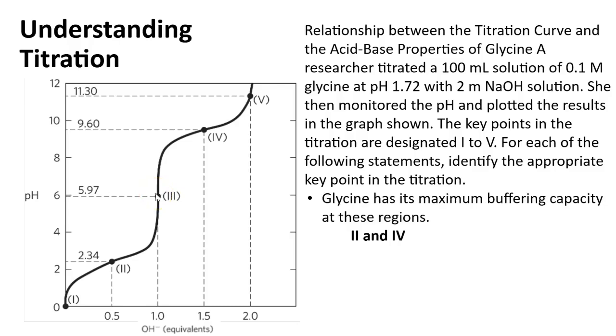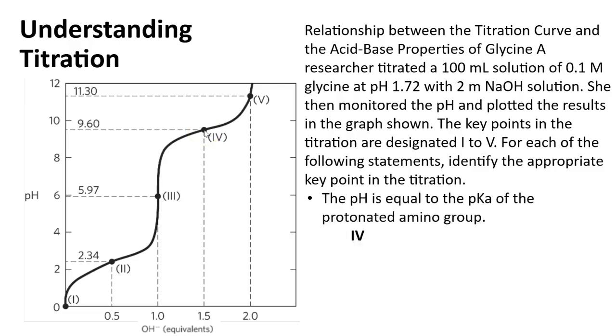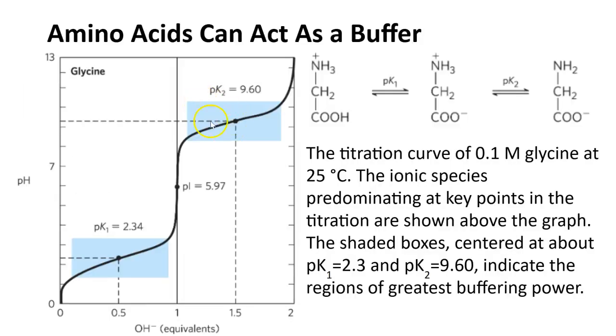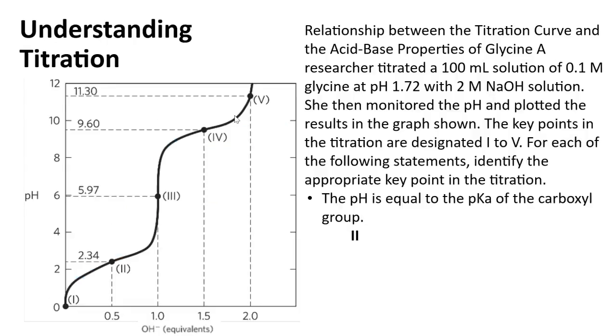Glycine has its maximum buffer capacity at what regions? And that is right here, point 2 and point 4. We look at this graph once more that we've seen before, where we talked about this is the buffer region for each of these amino acids, and this central point is its maximum.